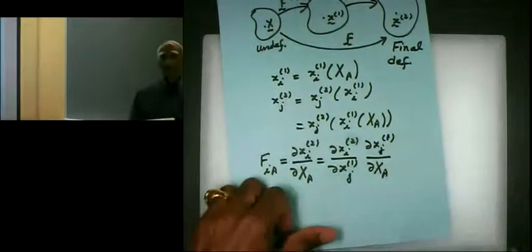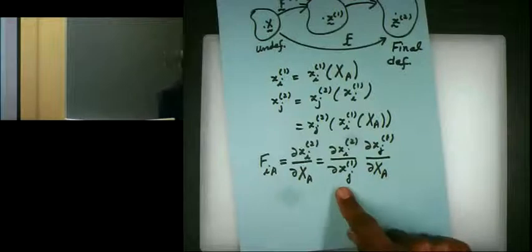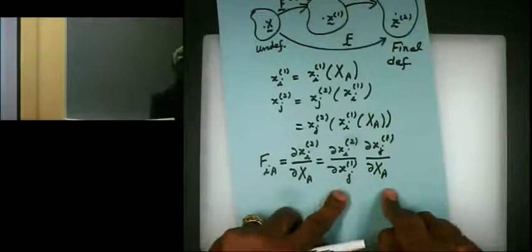So on the right hand side, it is summed on j. It's differentiate with respect to x1, then x1 with respect to xa. Differentiate with respect to x2, then x2 with respect to xa. And this is summed on j, which means it's addition.